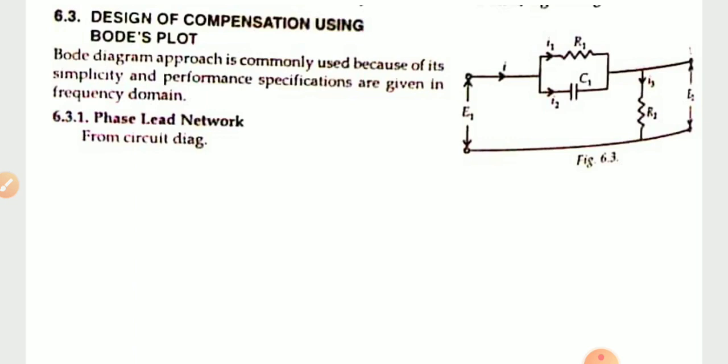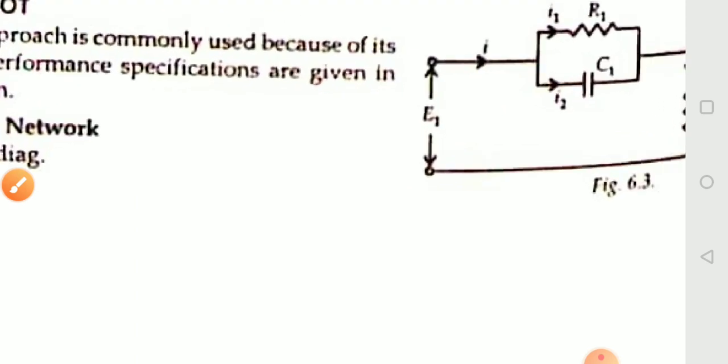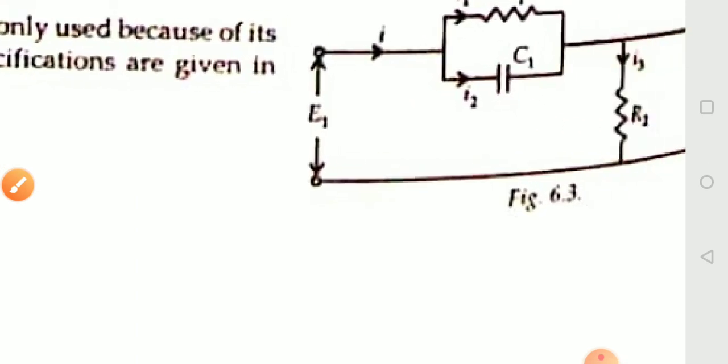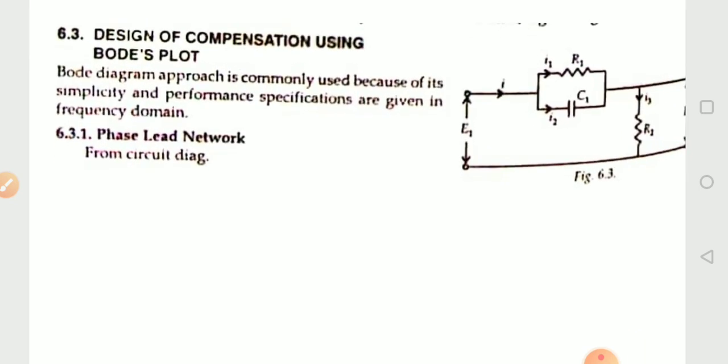This is our diagram for the lead compensating network. Here the input voltage is E1 and the output voltage is E0. We have a resistance and a capacitance.